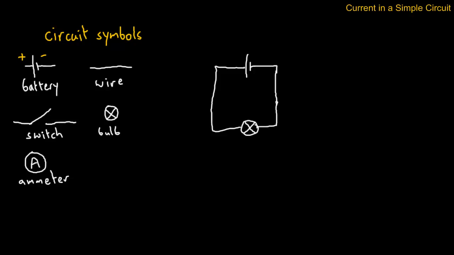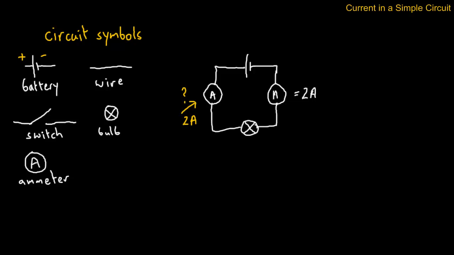What's interesting, of course, if we here and here, if we put in an ammeter in both positions, so an ammeter here and an ammeter here, and let's say this ammeter reads 2 amperes, what would this other ammeter be reading? This one here. Well, it actually would be reading the same, 2 amperes.